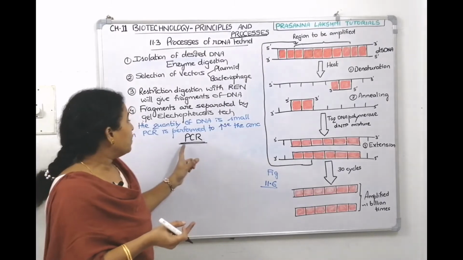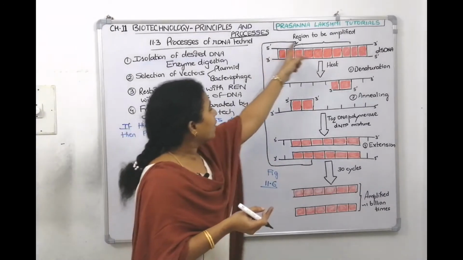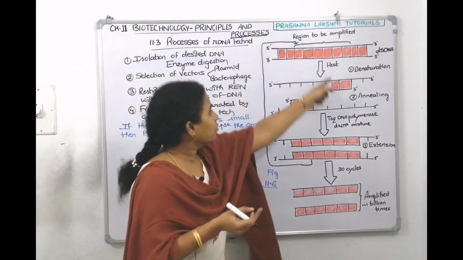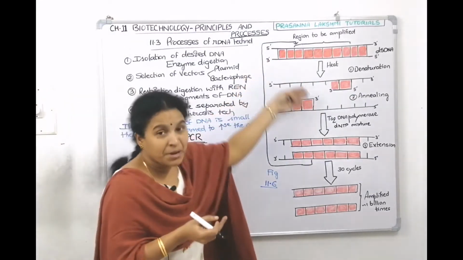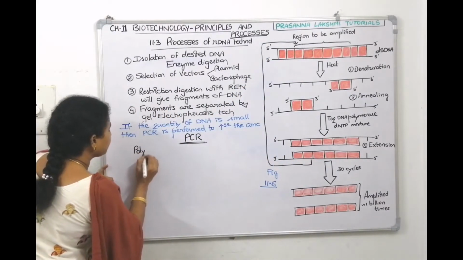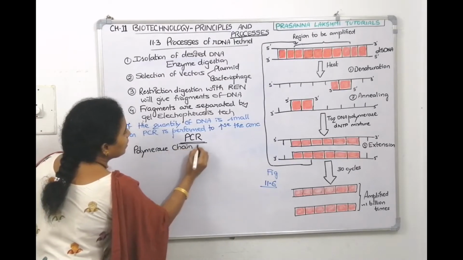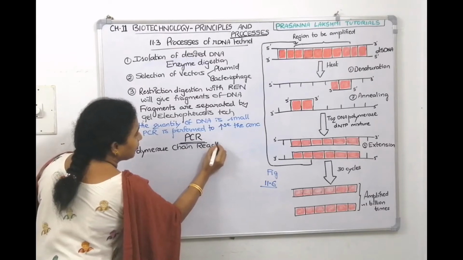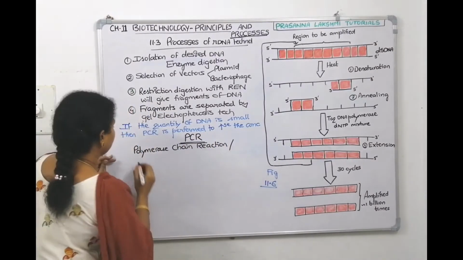So PCR means polymerase, and it's a chain reaction. After that you will go for one more round, and one more round. It's a chain and it has many reactions. What's the full form of PCR? PCR stands for polymerase chain reaction.